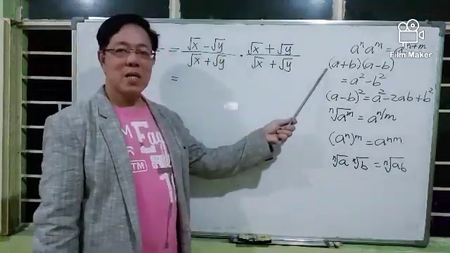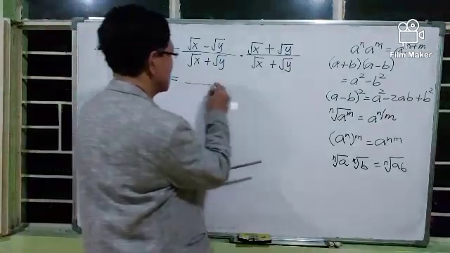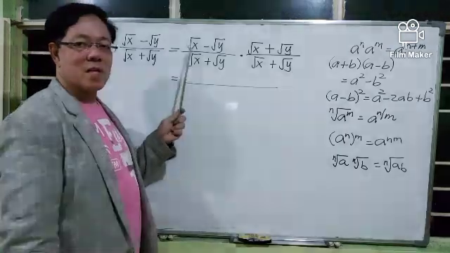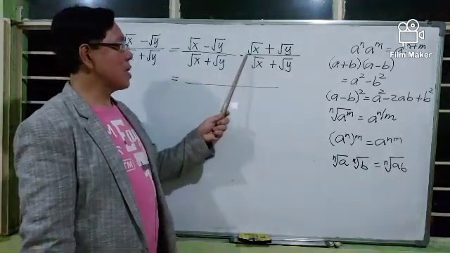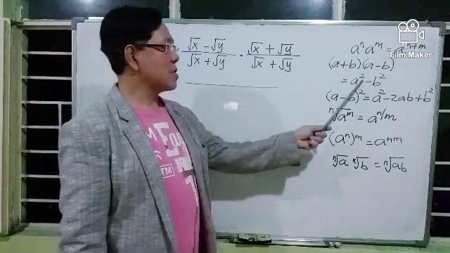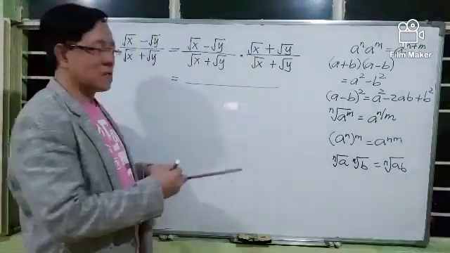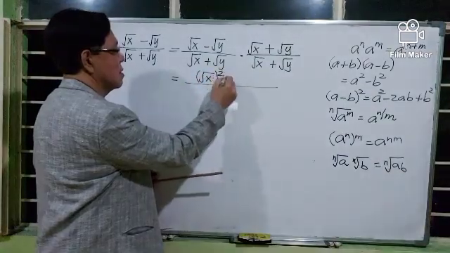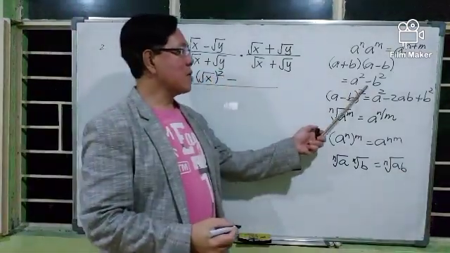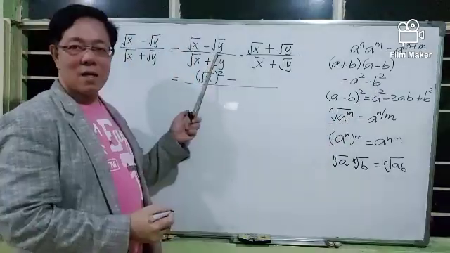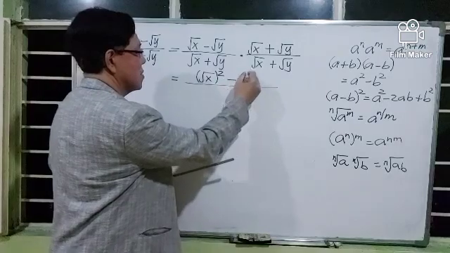By this special product rule, the product of square root of x minus square root of y multiplied by square root of x plus square root of y is equal to the square of square root of x minus the square of b. Our b is square root of y, squared.